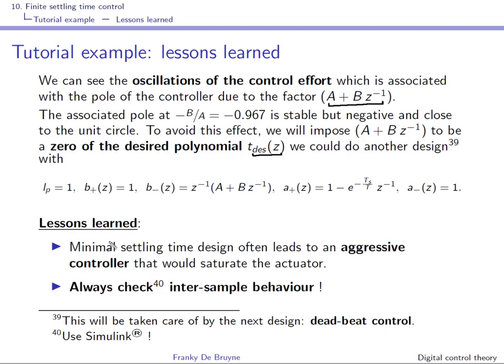So minimal settling design will work, but only if your process does not have zeros close to z is equal to -1. Okay, but even in this case it will very often lead to an aggressive type of control, especially if you're imposing the absolute minimal settling time.